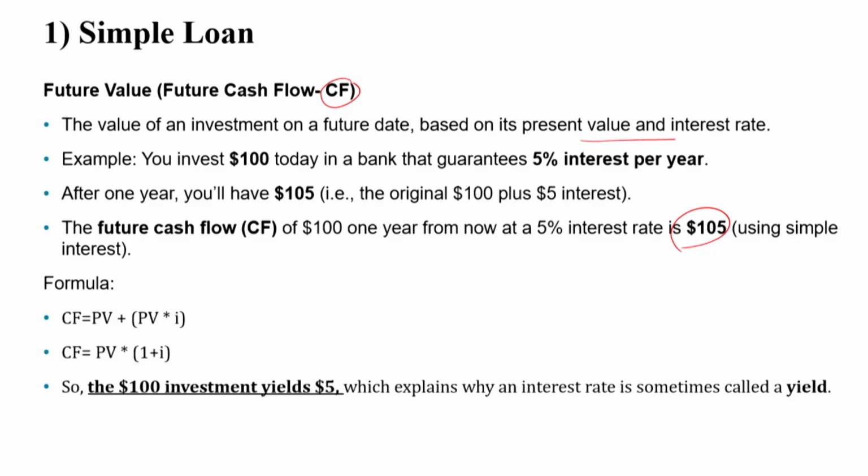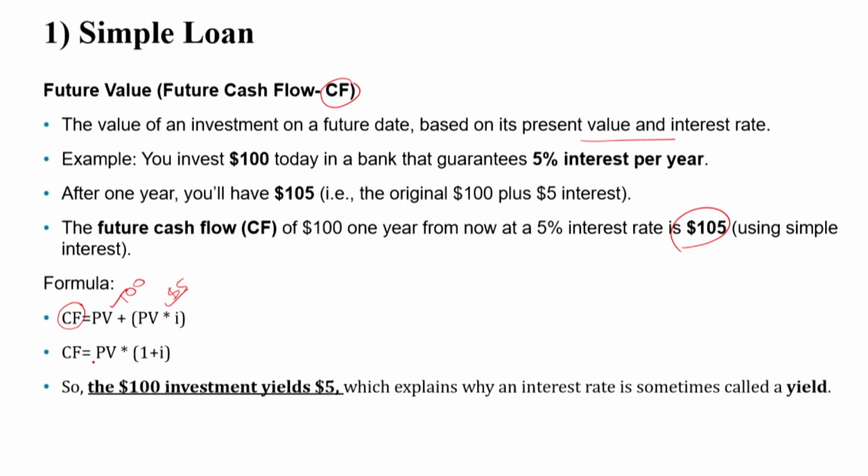Here is the formula to define the future cash flow, which I mentioned is 105. It is equal to present value, which is 100, plus present value times rate of interest. When you multiply this, you are going to get $5, and this is 100.